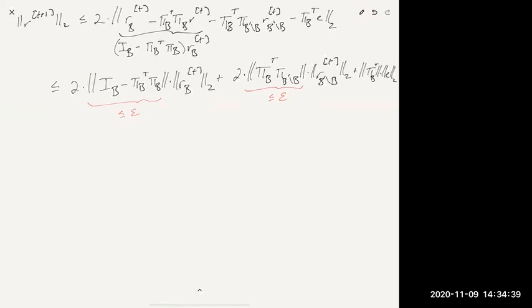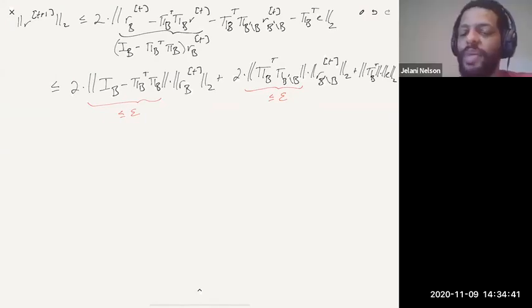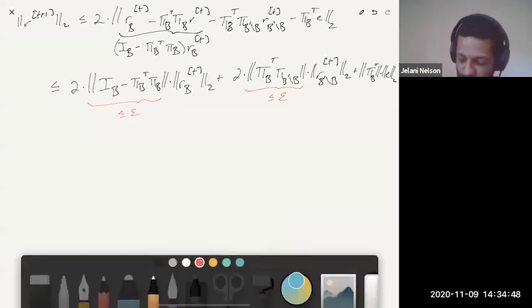Square root. Yeah, they're just the square root. So you know that pi B transpose pi B has all its singular values between 1 minus epsilon and 1 plus epsilon. So that tells you that the singular values of pi B transpose have to be between root 1 minus epsilon and root 1 plus epsilon. So in other words, they're still close to 1.